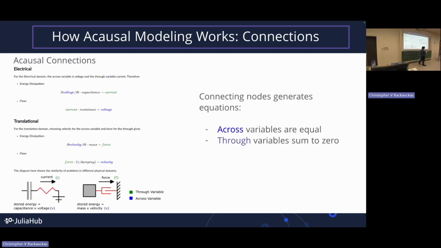And so that is a property that is conserved across all other Hamiltonian types of systems. So, for example, if you have a translational connection or you have a mechanical system, right? If you connect two things mechanically, then the forces have to be equal, right? Because whatever force I'm pushing on my hand here is also the force I'm pushing on here, right?